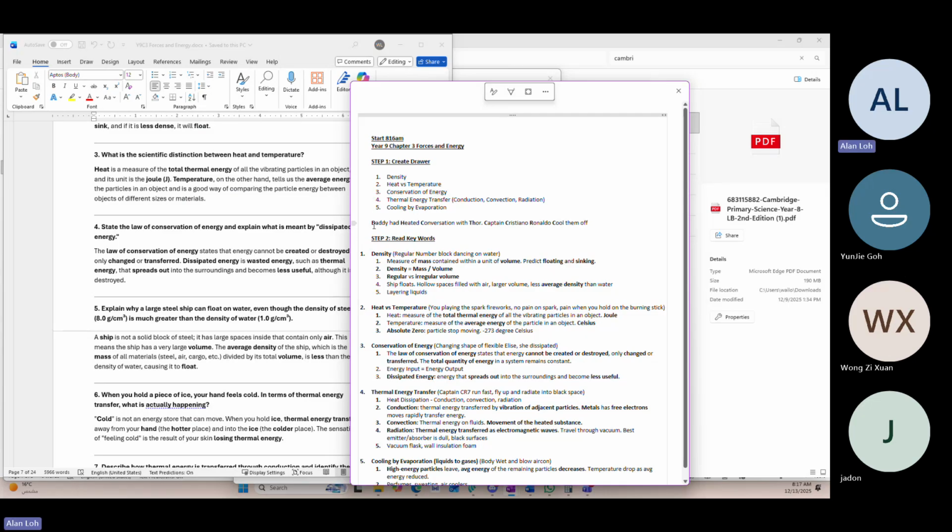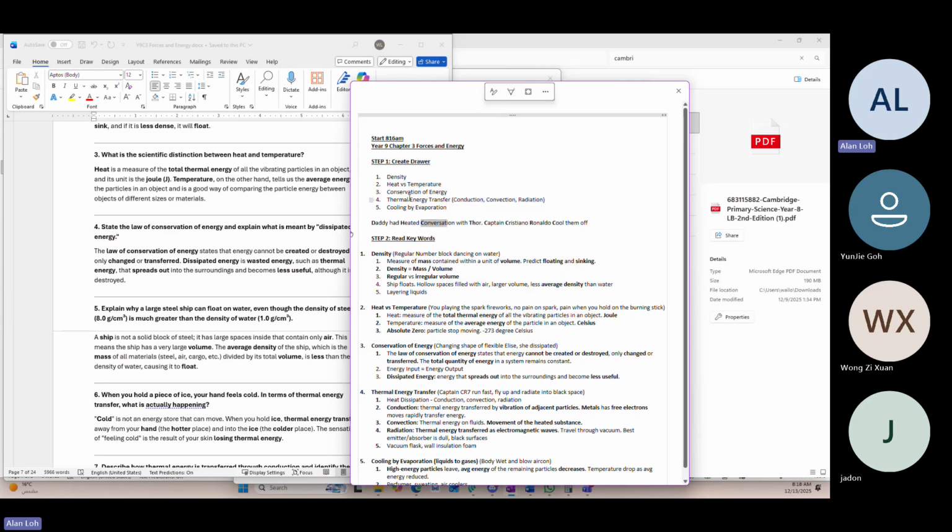So imagine your daddy had a heated conversation with that guy just now. That guy is a very big guy with a very big hammer. Then Captain Cristiano Ronaldo came over and cooled them off. So how is this story able to help us remember these 5 drawers? Daddy is D, D is density. Had a heated conversation: heated represents the heat versus temperature drawer.